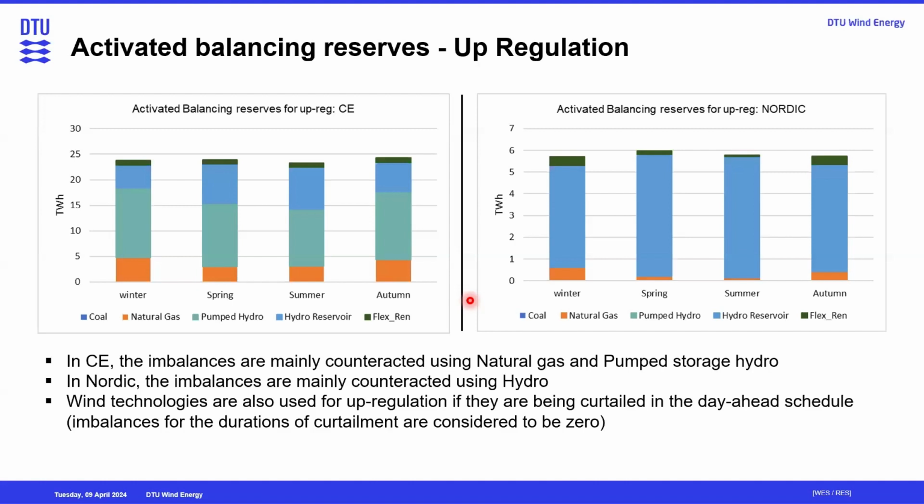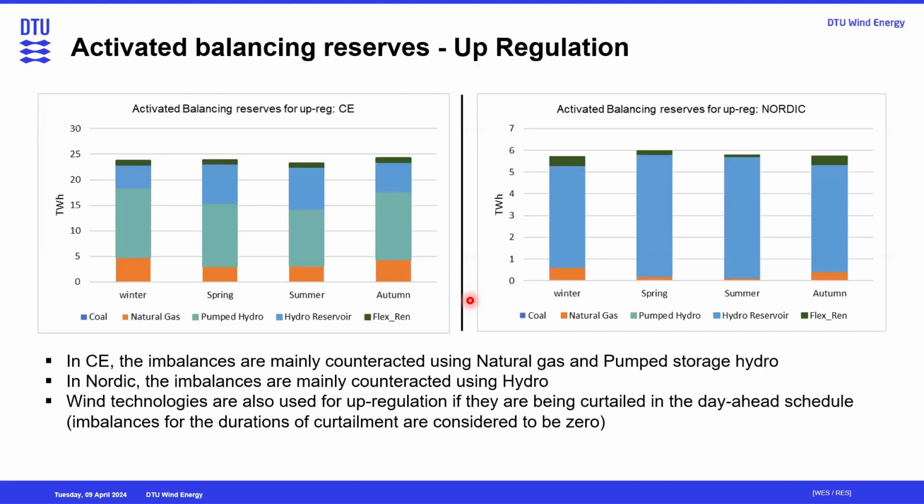But what we see mainly is that in continental Europe for upregulation, the biggest player is pump hydro, followed by natural gas and hydrogen. That can also easily come from Norway, from the Nordics, whereas in the Nordics the major source is hydro turbine.